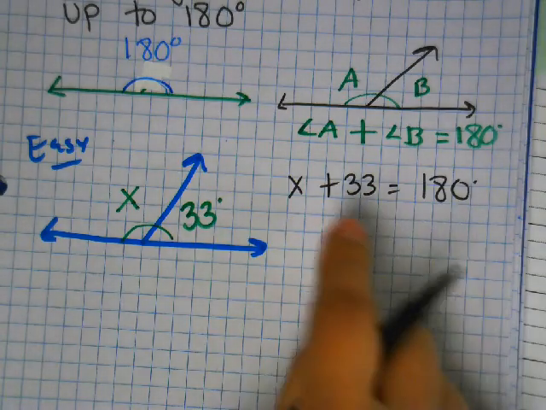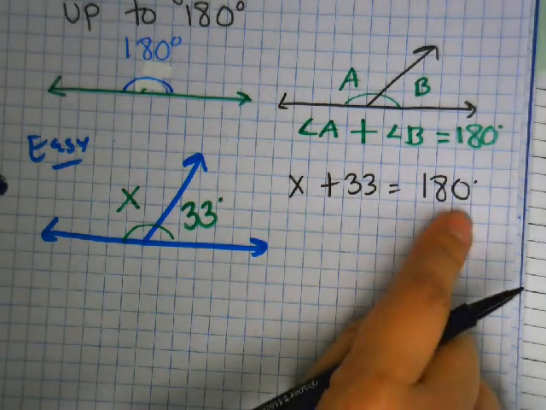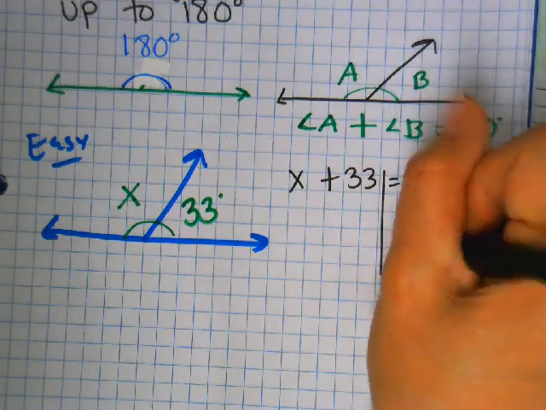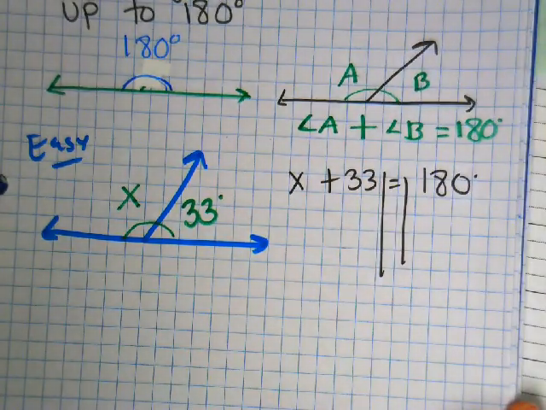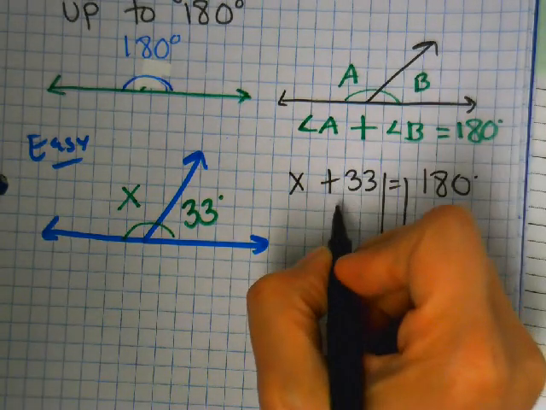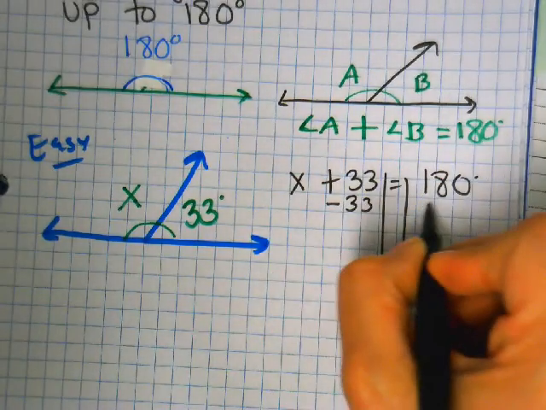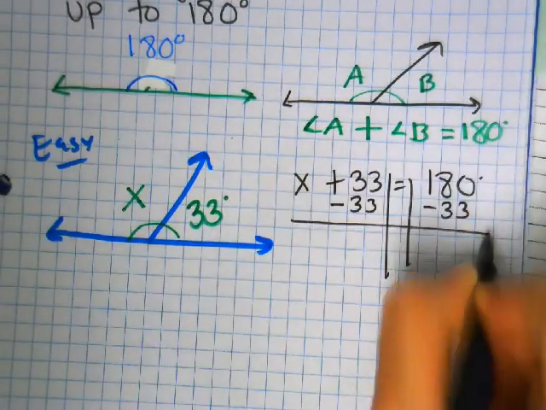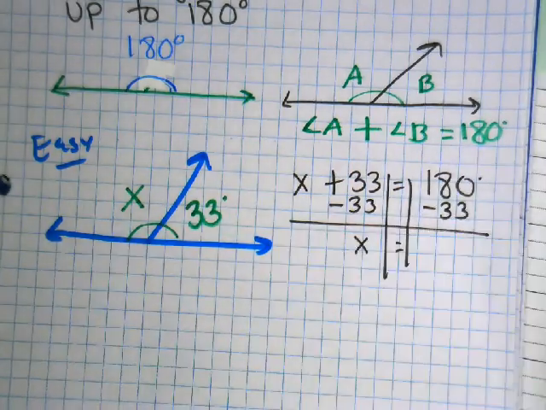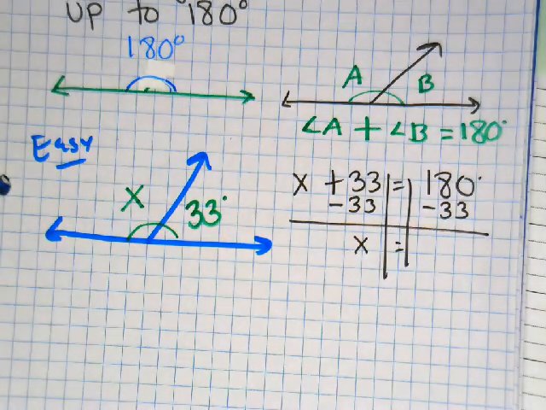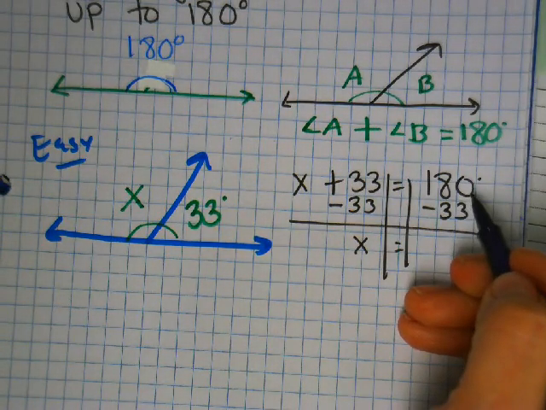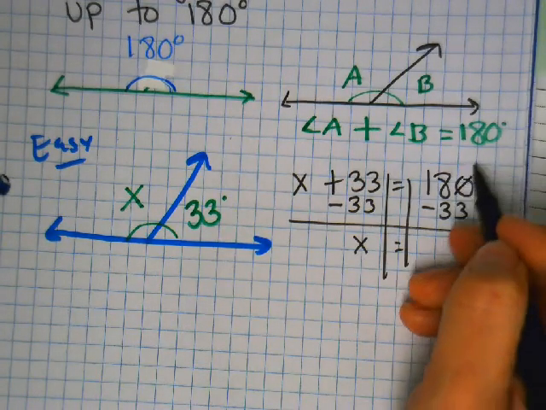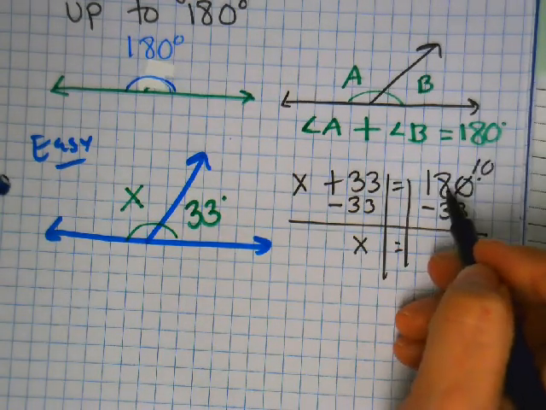So we set up our equation: X plus 33 equals 180. We're going to draw the bars. What math do I need? Subtract. So I'm going to subtract 33. Hardest part is the borrowing. What does the 0 become? A 10. What does the 8 become? A 7.